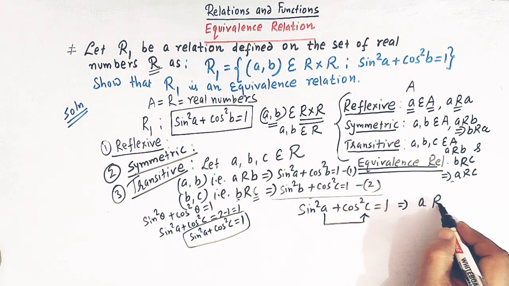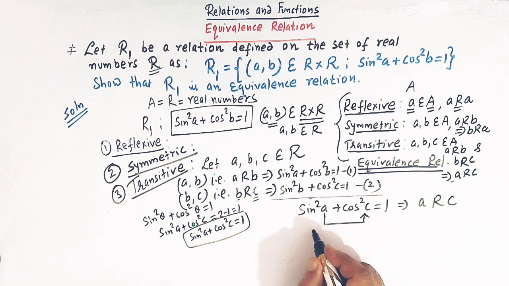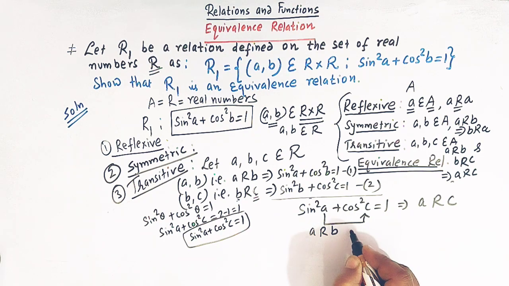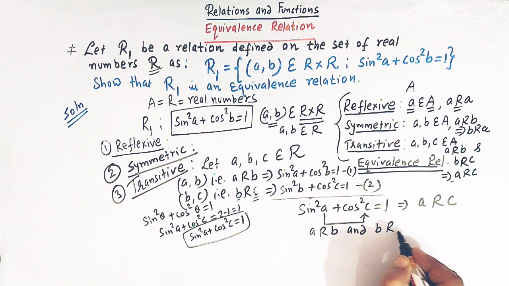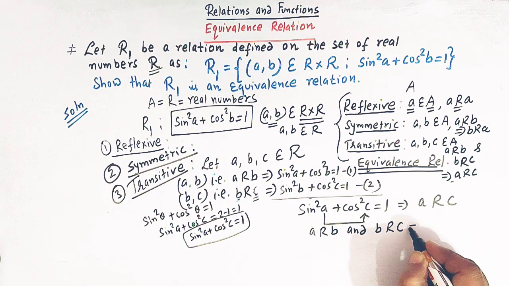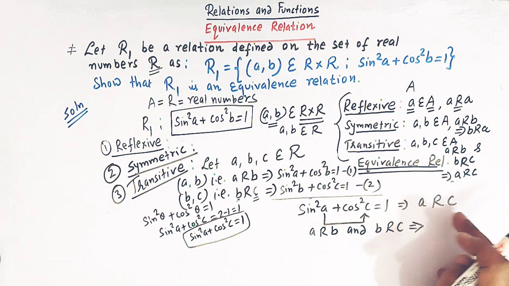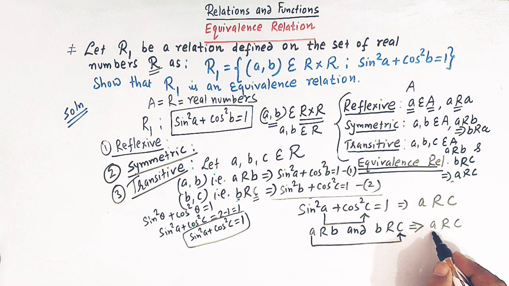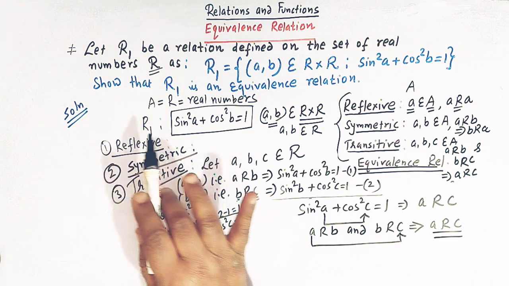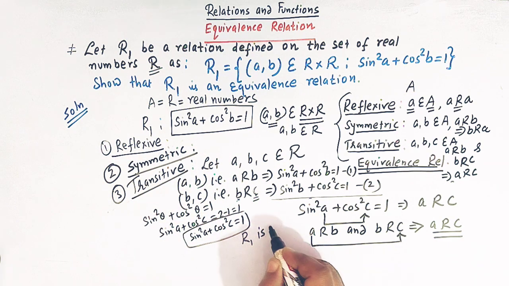So what we have obtained, we have A related to B and B related to C, and these two together imply that A is related to C, and this suggests that this relation R1 is transitive.